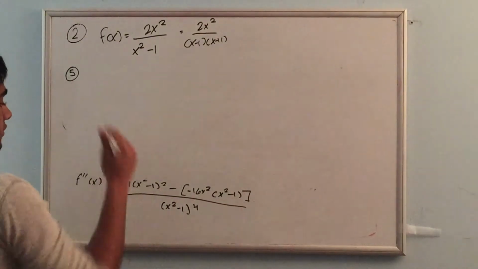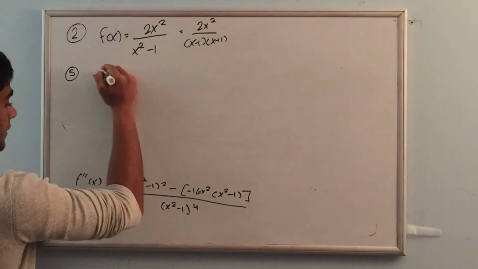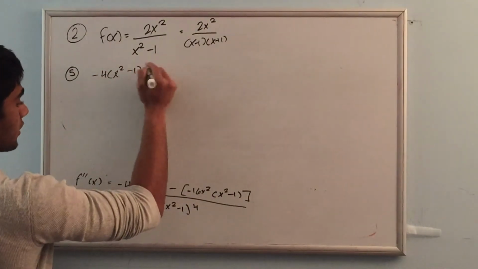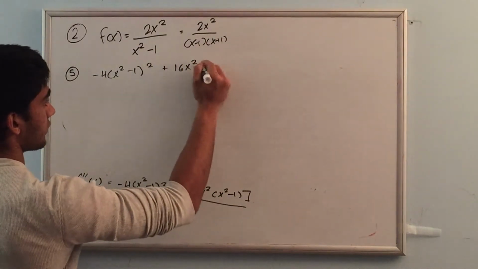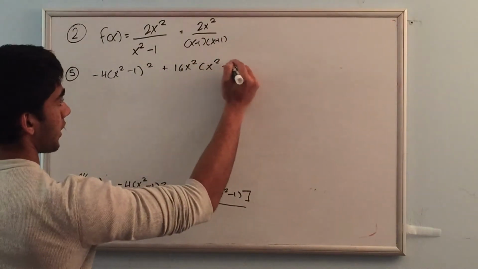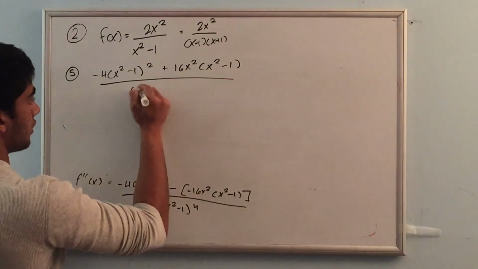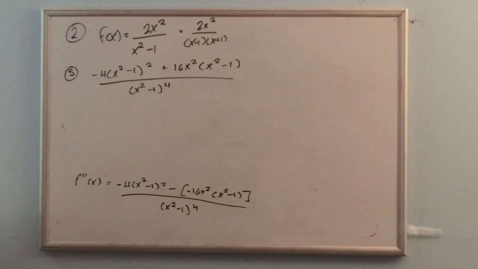So now I'm going to bring this over here and I'm going to simplify it further. Remember, we keep the first term the same because we didn't do anything with it. So negative 4 times (x squared minus 1) squared plus 16x squared times (x squared minus 1). This entire thing is over (x squared minus 1) to the fourth. Now we can cancel out x squared minus 1.